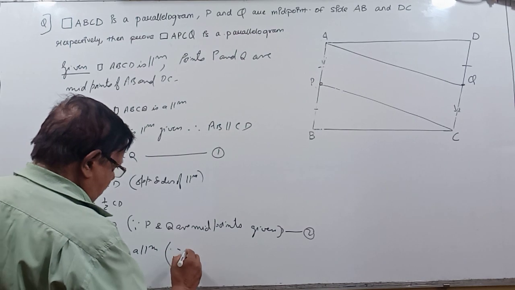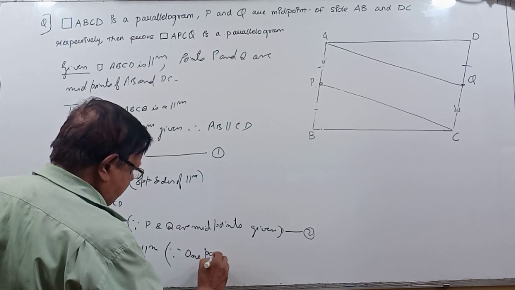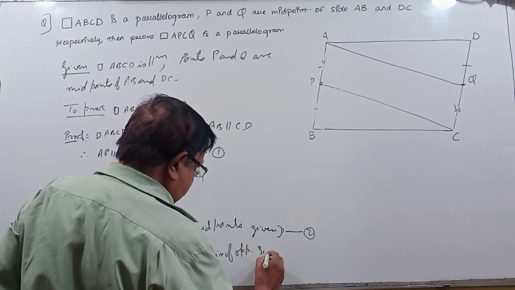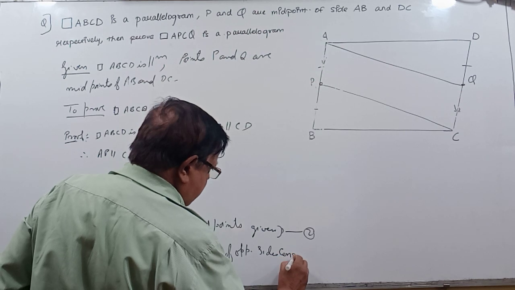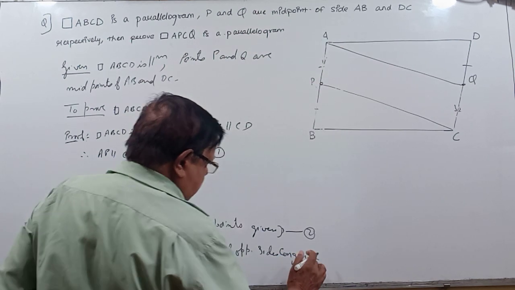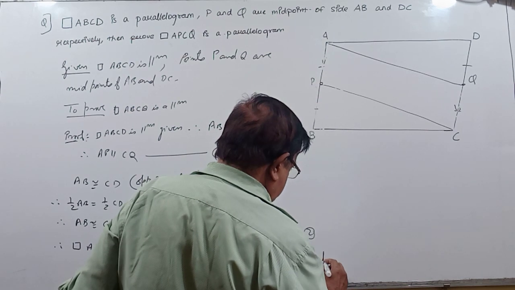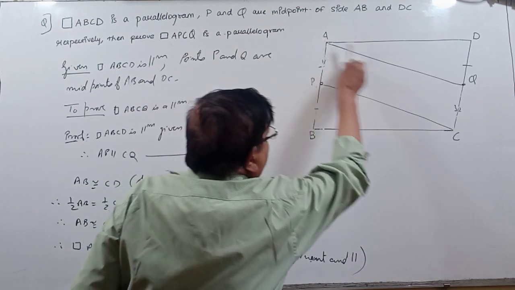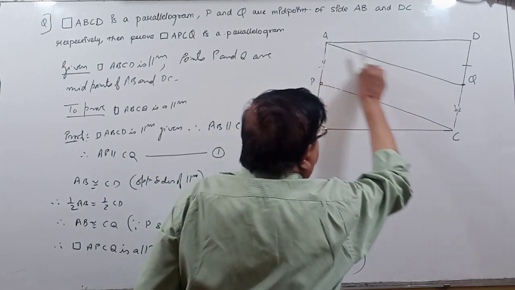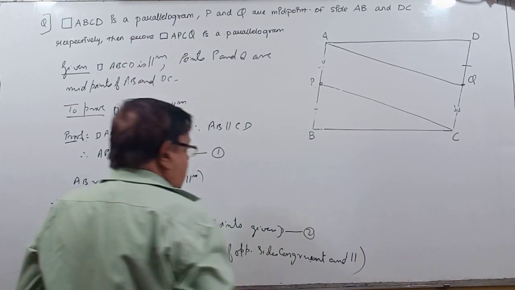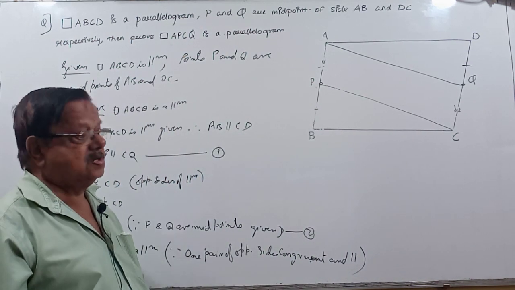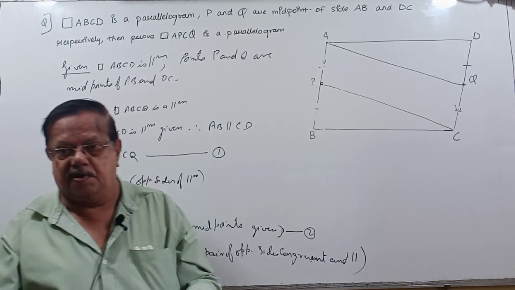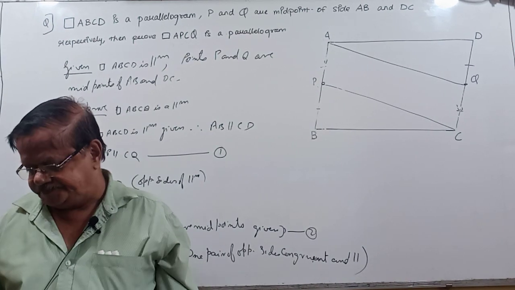Reason: one pair of opposite sides congruent and parallel. This pair is congruent, also this pair is parallel. Therefore, one pair of opposite sides congruent and parallel means it is a parallelogram. The proof is done. Right, we'll go to the next one.